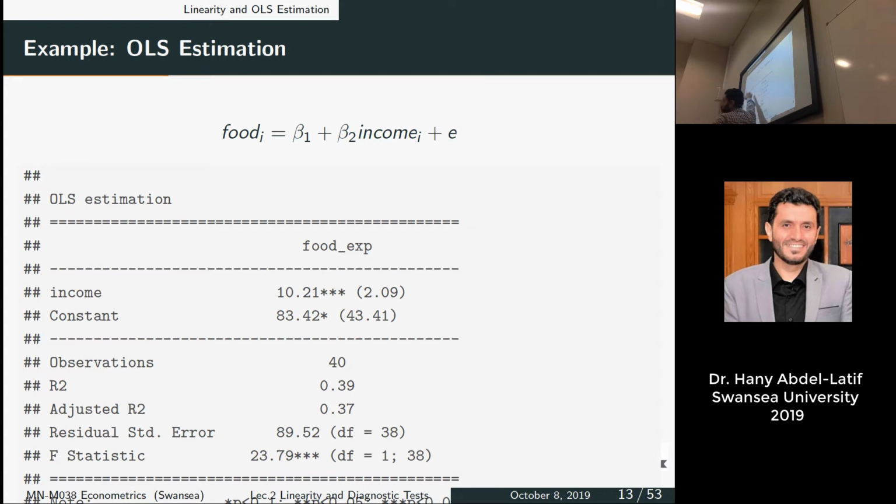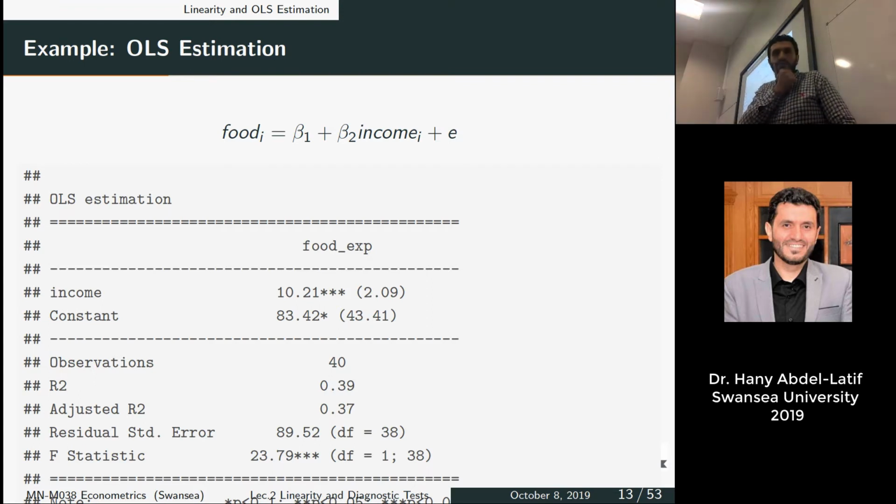Food expenditure is on the left-hand side. This is our dependent variable, the variable that we want to explain. And based on theory, we think income is an important determinant of how much you spend on food. This is just an error term, as I said, and this is the OLS estimation.